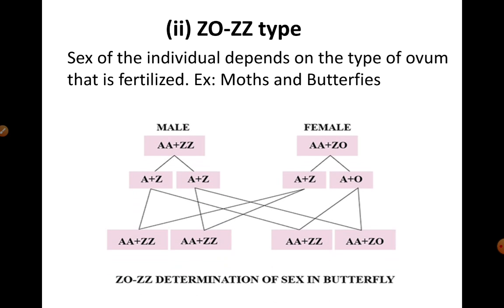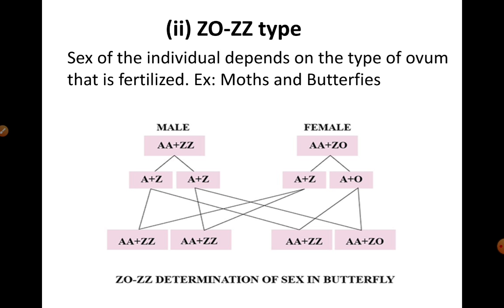One of the haploid gametes produced by the female will have autosomes and a Z chromosome, while the other haploid gamete will show only one set of autosomes and lacks the other sex chromosome. The other sex chromosome remains absent, and hence we represent it as ZO.